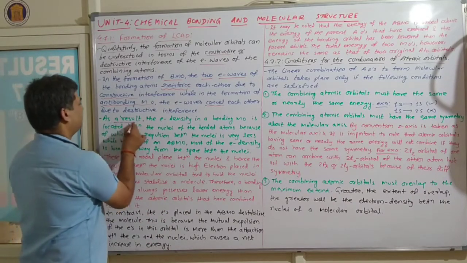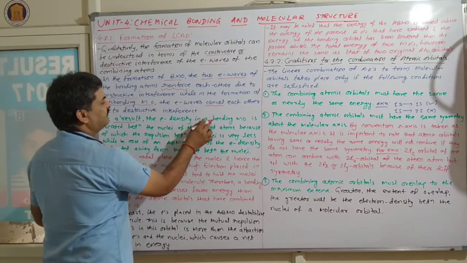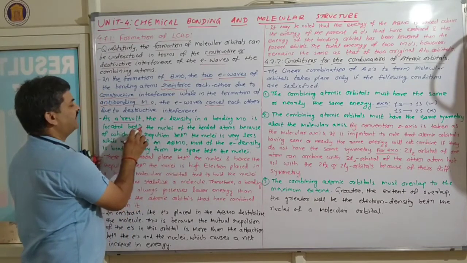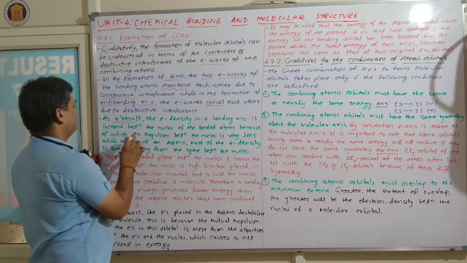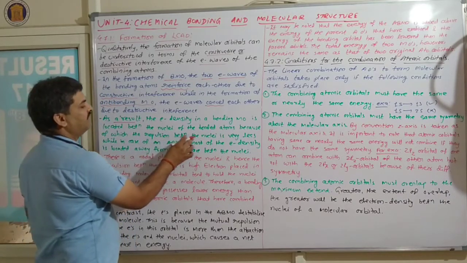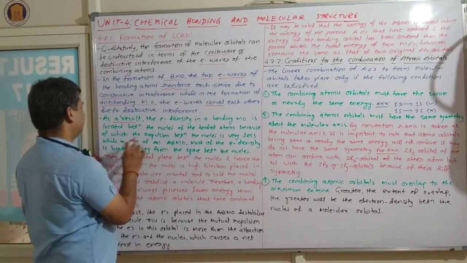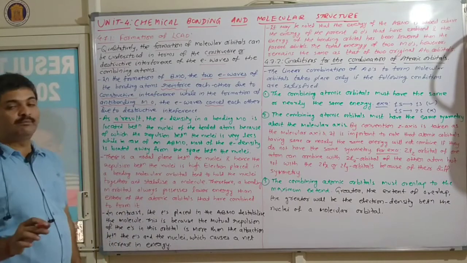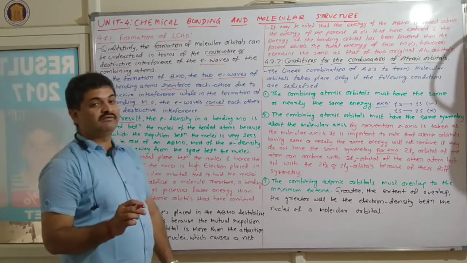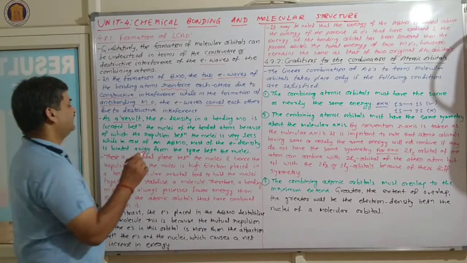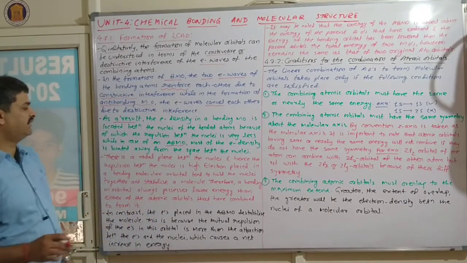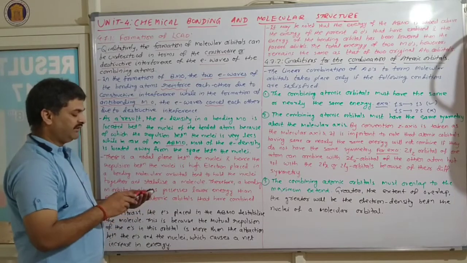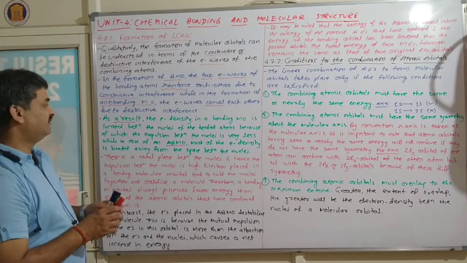As a result, the electron density in BMO is located between the nuclei of the bonded atoms, because of which the repulsion between the nuclei is very less. In case of ABMO, most of the electron density is located away from the space between the nuclei, and here repulsion will be more.